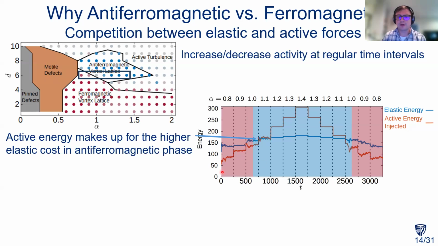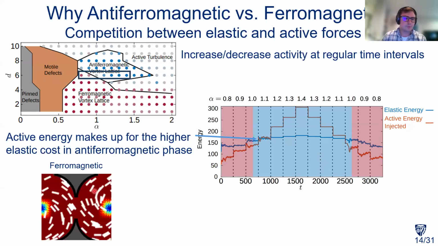Here the overlaid colors are red for ferromagnetic and blue for antiferromagnetic. In the antiferromagnetic phase, the active energy is consistently larger than the elastic energy of the configuration. And you might ask why the elastic energy in the antiferromagnetic phase is larger than in the ferromagnetic phase. It has to do with what the director configuration is doing in these phases.